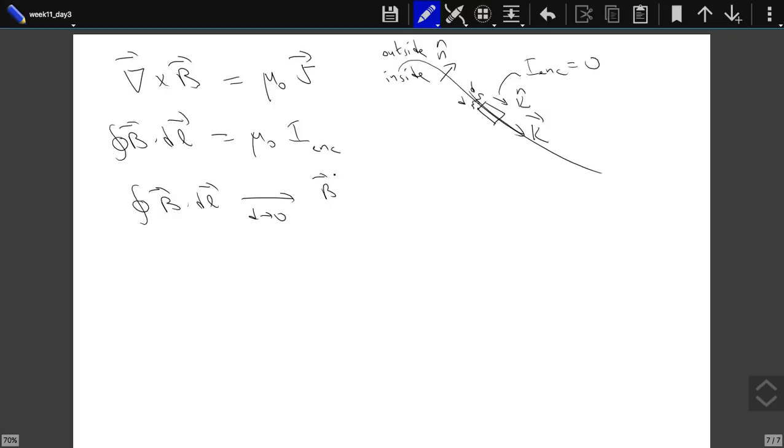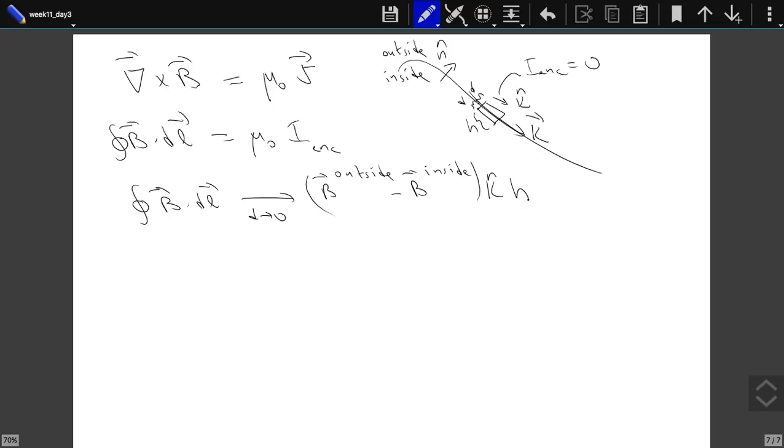So B outside minus B inside in the k hat direction, times the length, let's say h, should be equal to mu0 times I enclosed, but the enclosed current is 0.